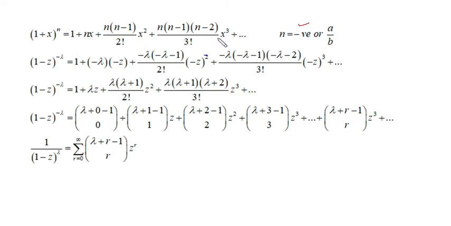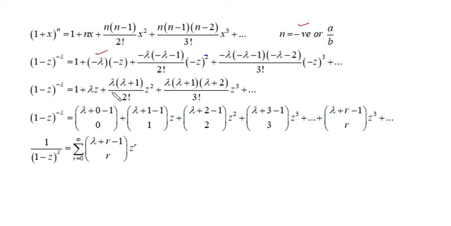This process will continue, and if we change this x to negative z and n to negative alpha, this takes this form, and simplifying you will get this form, and since all the negative signs cancel out, this final expression has all the terms as positive.